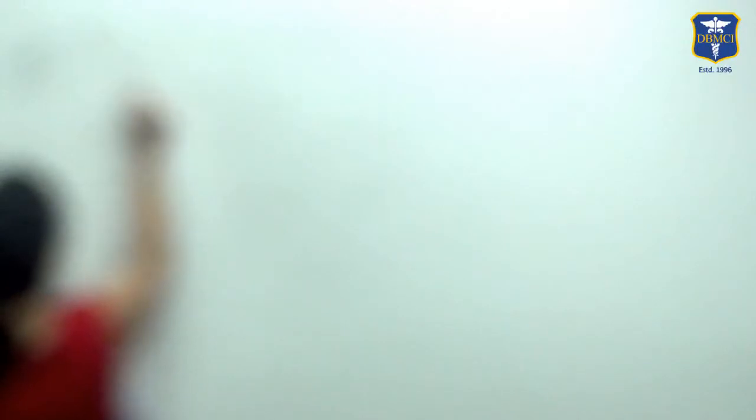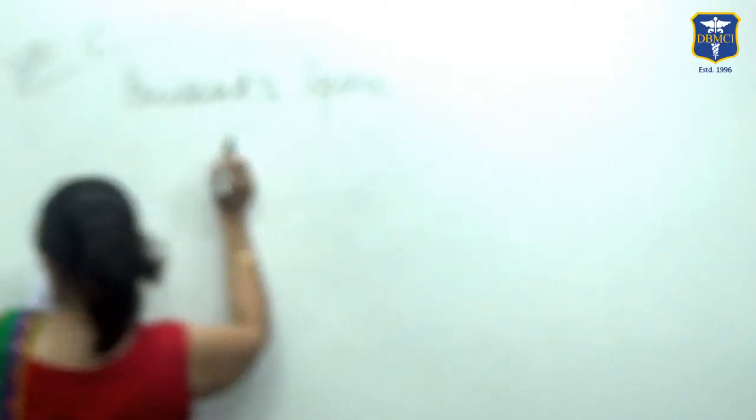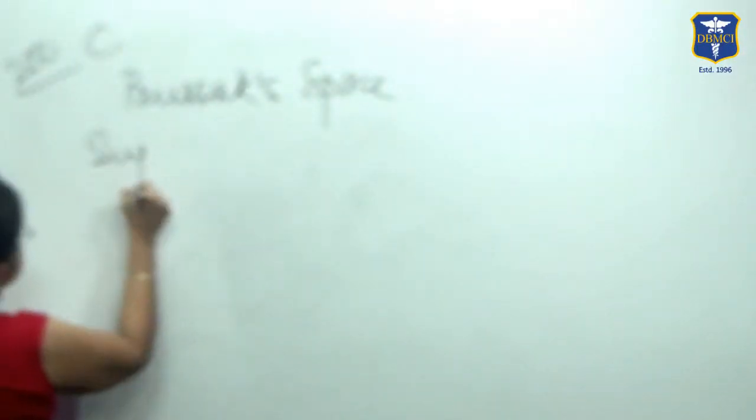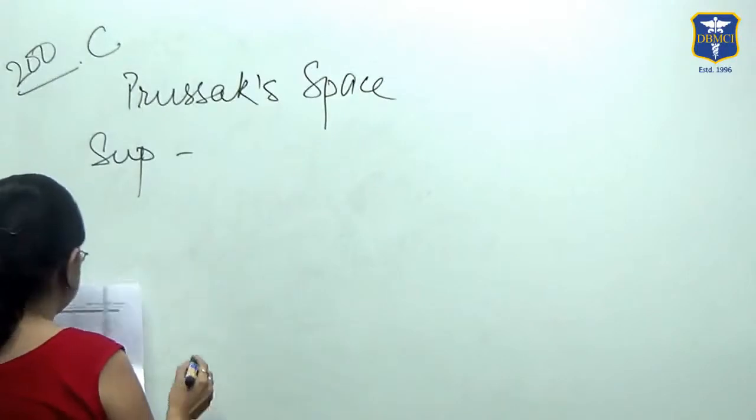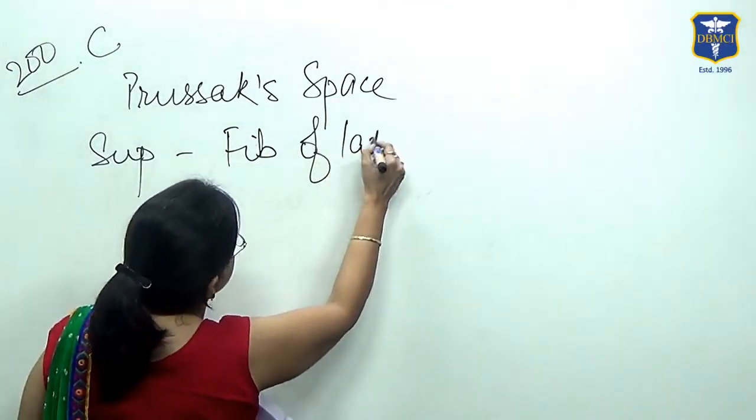Question 200. The answer is C. Let us look at the boundaries of Prussak's space. Superior boundary is formed by the fibers of the lateral malleolar fold.